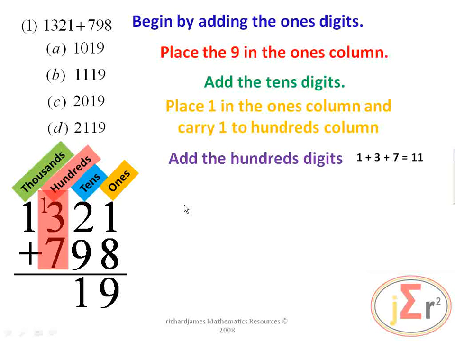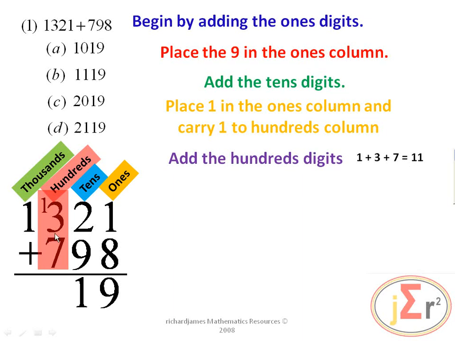So if you have two digits, whatever digit the right digit is, then the left digit will be the digit higher in place value. So if I'm adding in the tens column, the right digit will be the tens digit, and the left digit will be the hundreds digit.